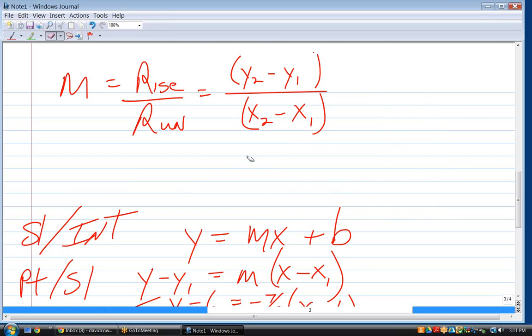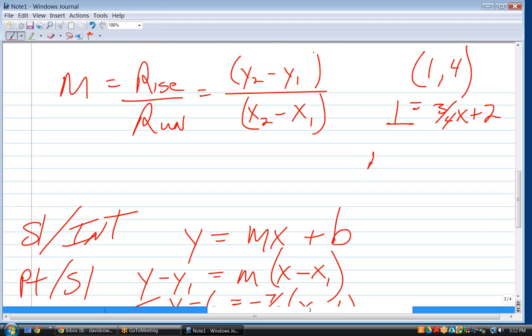The next one is a line through (1, 4), and it's perpendicular to 3/4 x plus 2. So what is the slope of the line? 4/3.